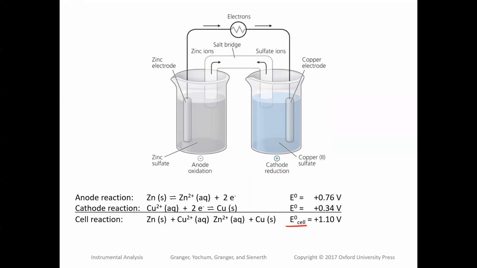The way that potentiometry works and how we use this to actually measure chemical reactions is by knowing what reaction we're looking for, knowing what the cell potential should be, and seeing what it is and calculating that difference.